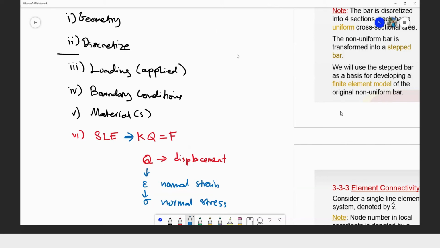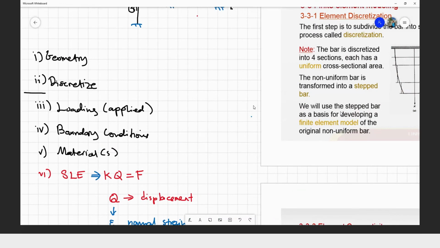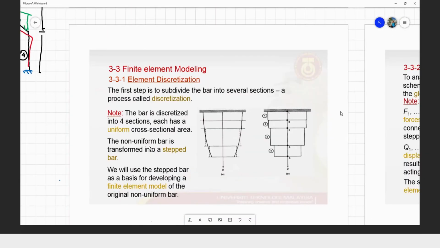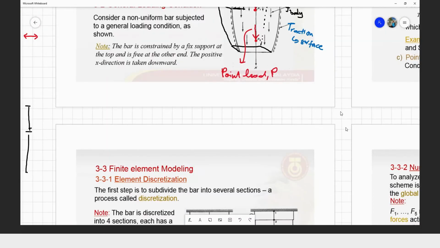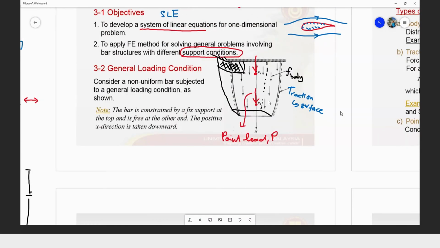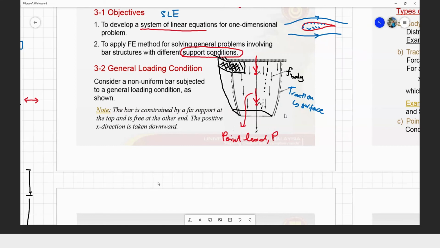Alright, but let's say we have geometry, but how can we discretize it? Okay, that's the question. So let's say this is our geometry yang kita ada dekat sini ni, which is dia cakap kat sini, consider a non-uniform bar subject to a general loading condition as shown. So kita ada bar yang tak uniform.